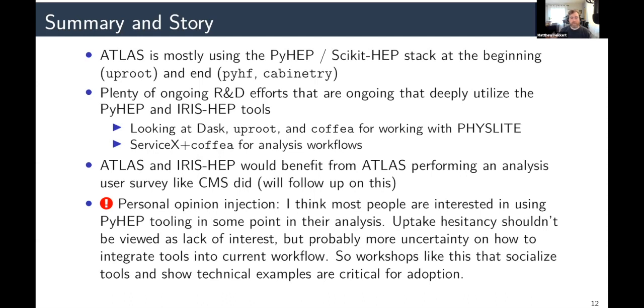If you're a young PhD student, you might not want to disrupt the flow of work that you're already doing. So I think that workshops like this one are really critical for socializing the tools and also showing technical examples, like were shown yesterday and this morning, on how users can actually do this.